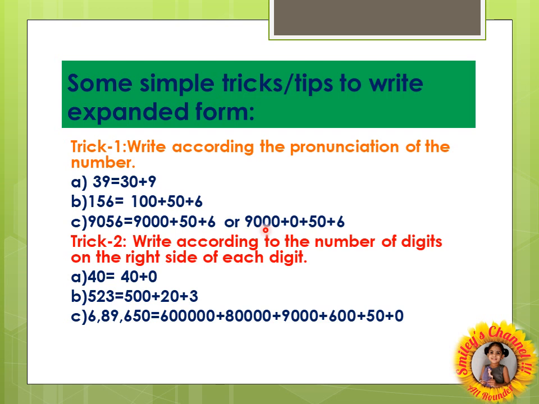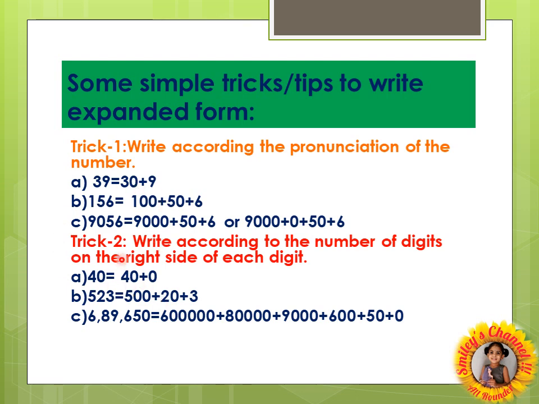Write 9000, and you are having 0 here. When you get 0, blindly you are going to write 0 in that particular place value. So here 0, again 50, how we say 56. So plus 50 plus 6.